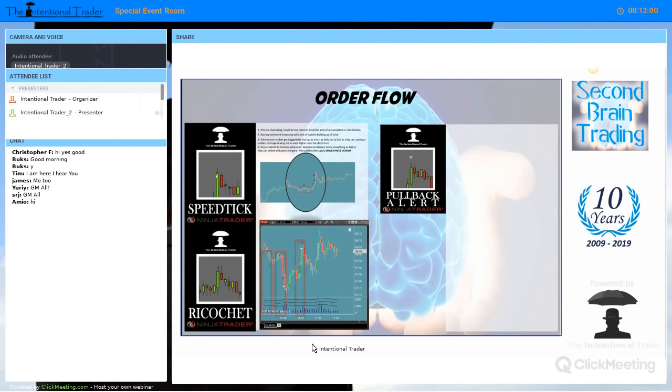When I was doing the indicator for the speed tick, I also noticed something else, and that was that the ricochet indicator needed to be created, because sometimes the speed of the orders being processed didn't quite reach a threshold, but it was still dramatically higher than the previous bars on the histogram.